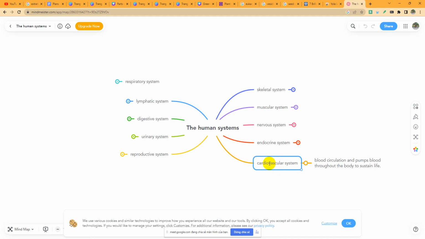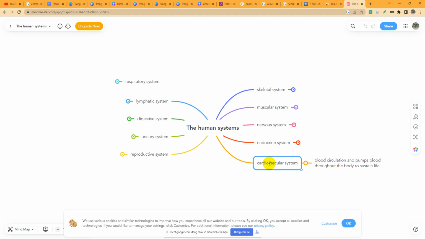But basically, the cardiovascular system is a system combining our heart and blood vessels that are in charge of circulating the blood, transferring the blood to all the human organs to sustain life, because our organs also need blood and other nutrients to sustain their own functions, right?